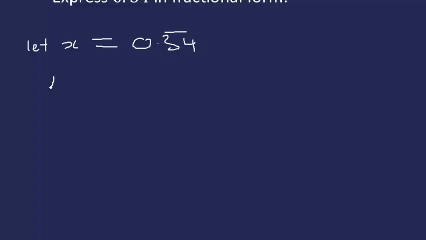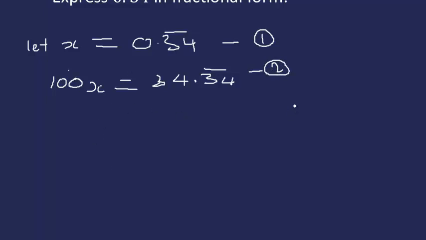So if you multiply by 10 to the power 2, which gives us 100, 100x will be equal to 34.34 recurring. So this is equation 1 and this is our equation 2.